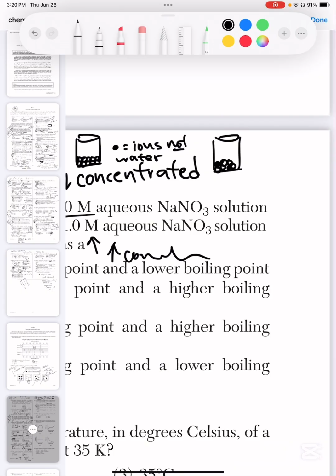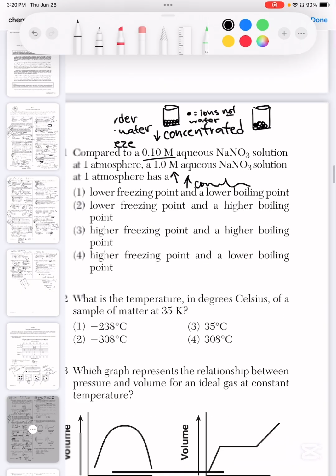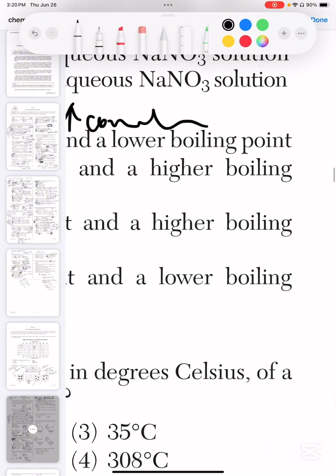This is also why there's salt on the roads in the winter here in New York. They don't want the roads to freeze over as easily, so they put salt to lower the freezing point. In terms of boiling point, there are intermolecular forces between the ions and the liquid water.